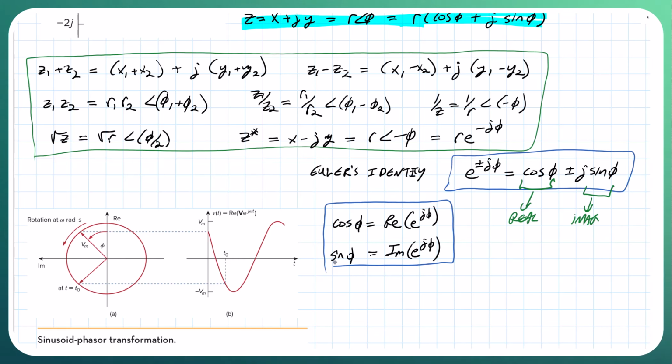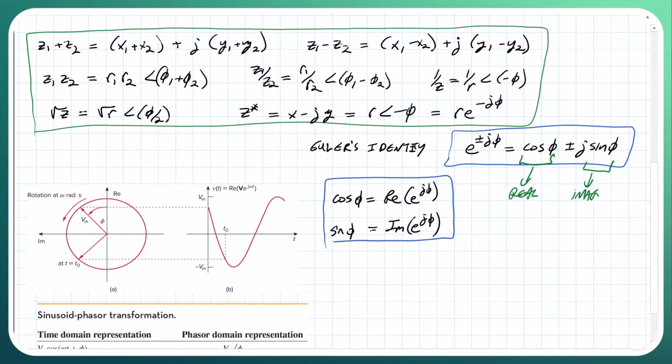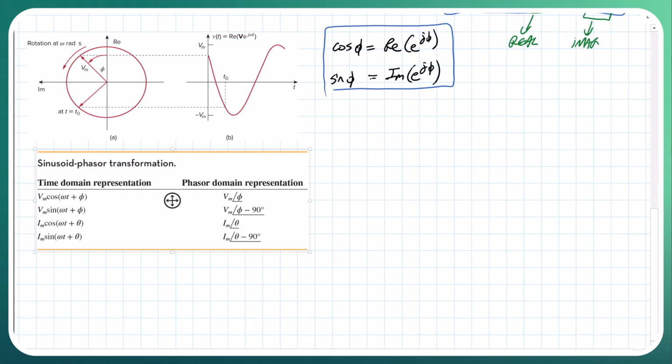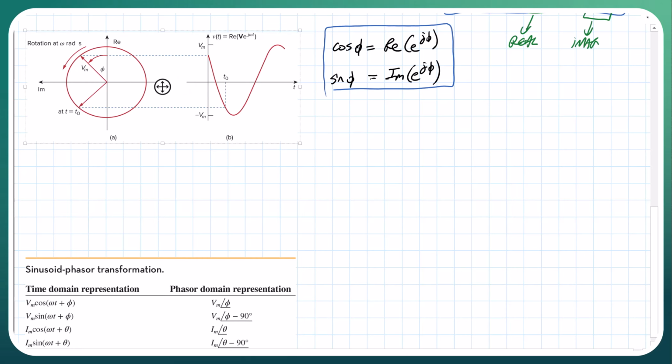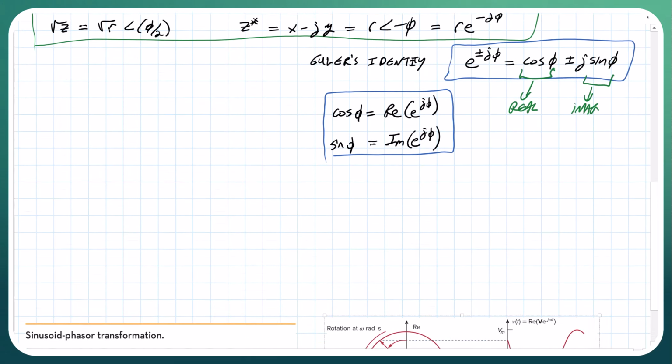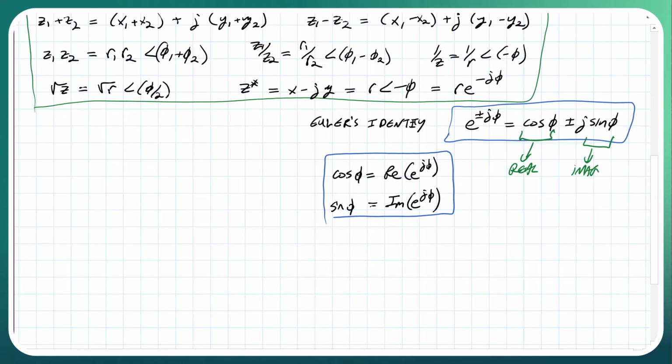Now if we go back to the voltage that we were using, let's say we use a sinusoidal voltage with a cosine. Let's say we have V of t is equal to Vm cosine omega t plus phi.